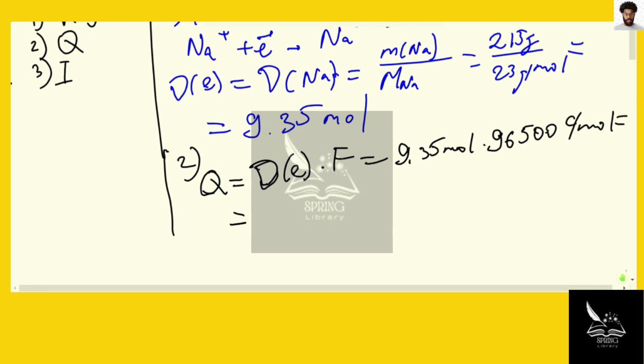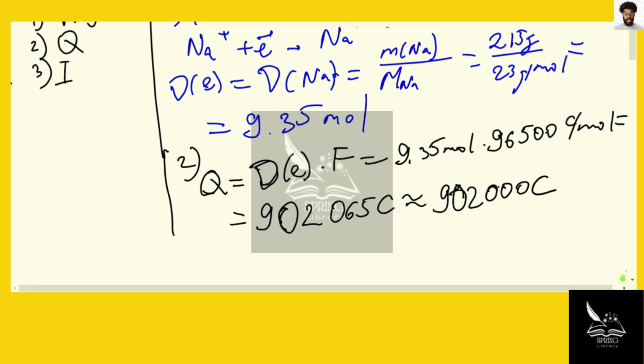So the charge equals the following. And this number can be rounded to 902,000 coulombs.